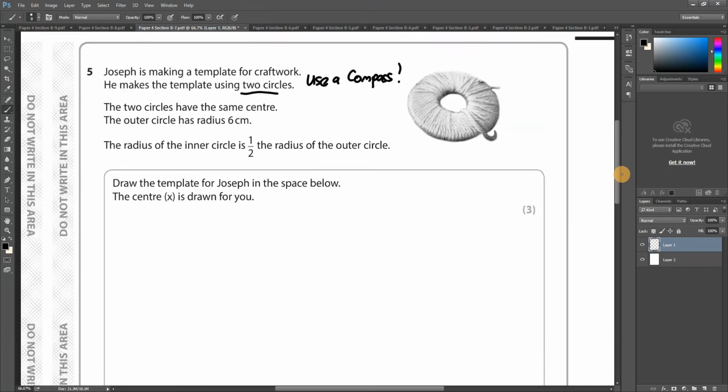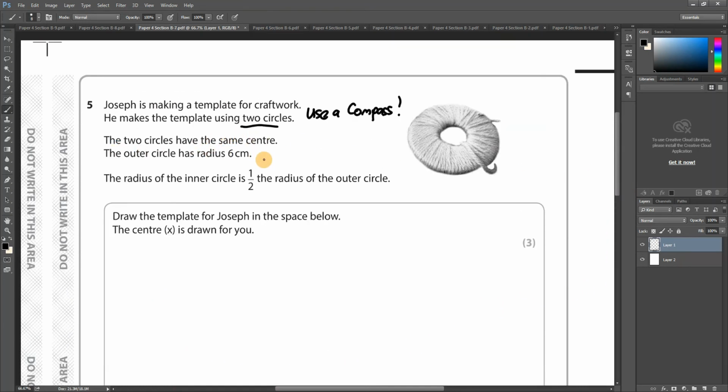So the first circle, let's do the big one first. The outer circle has a radius of 6 centimeters. So when you draw your circle, you go all the way around. Your radius is from the center to the edge. That's going to be 6 centimeters. So when you use your compass, make sure you draw it out to 6 centimeters.